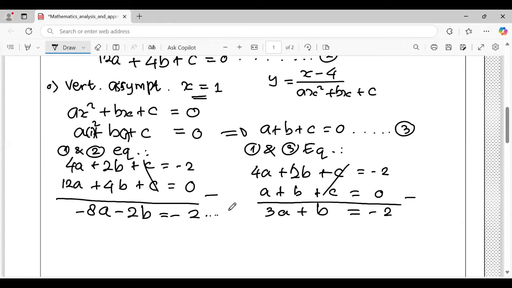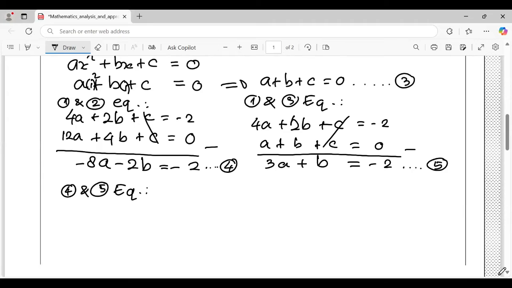This is the fourth equation, and this is the fifth equation. Now, between the fourth equation and the fifth equation, we can determine the next value. Minus 8a minus 2b equals minus 2, 3a plus b equals minus 2.